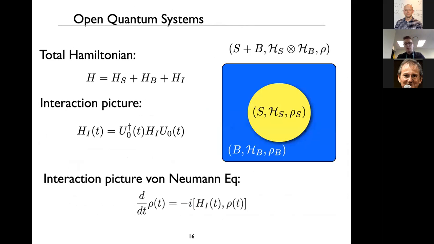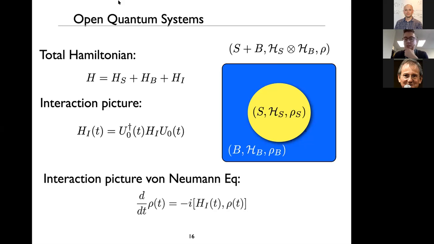In the spirit of last week's lecture, I wanted to spend a little bit of time at the beginning of this lecture recapping some of the key points that we discussed last time. The starting point of last week's lecture is that we started from some generic microscopic model of a system-environment interaction.